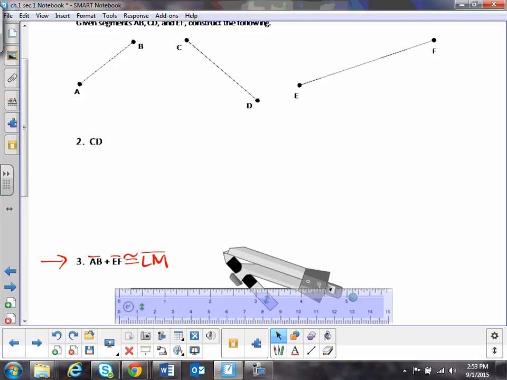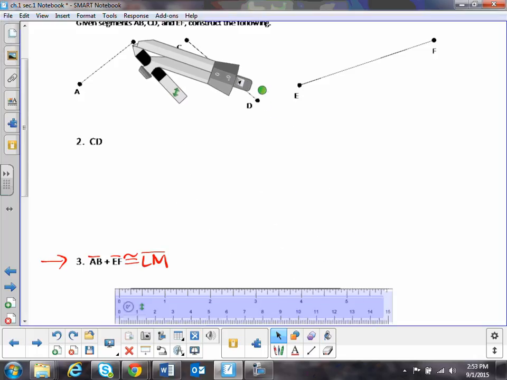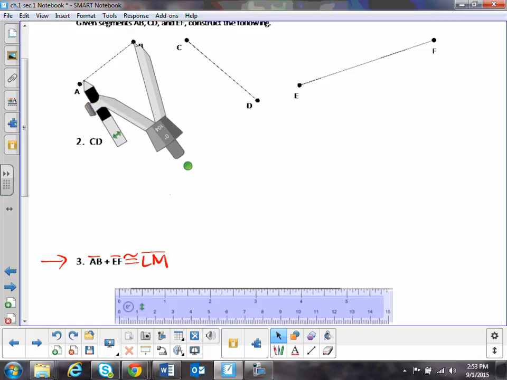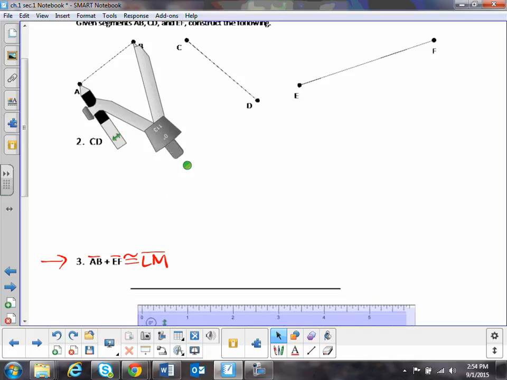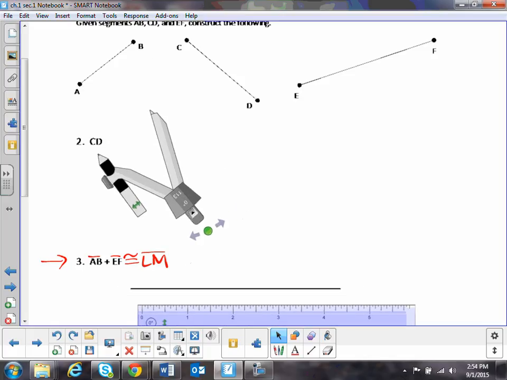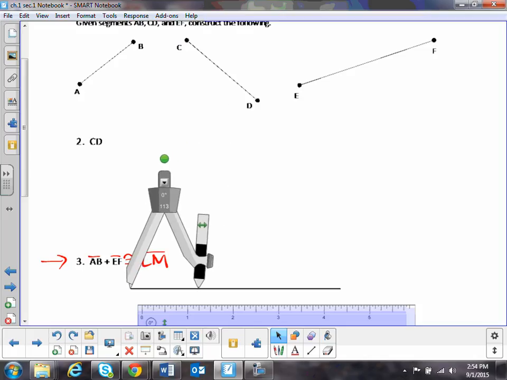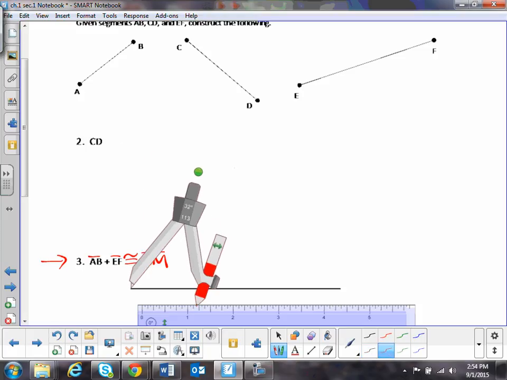So place your compass with the AB first. Then you want to come down here and place your compass on the left. That will be one of our endpoints. And then make an arc. That's the size of AB.